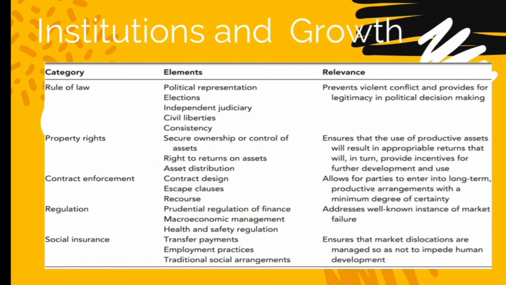Without this system, the changes of the market system can undermine its effectiveness in allocating resources, improving technological efficiency, and accumulating physical and human capital. So, social insurance ensures that market dislocations are managed so as not to impede human development.